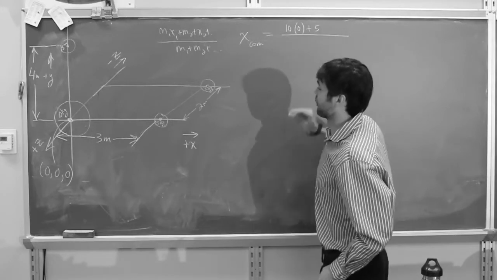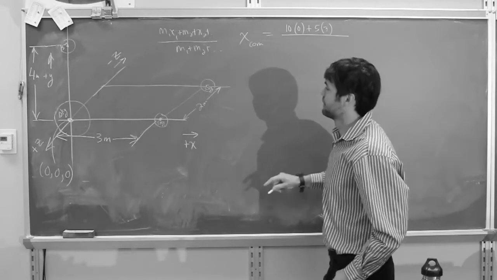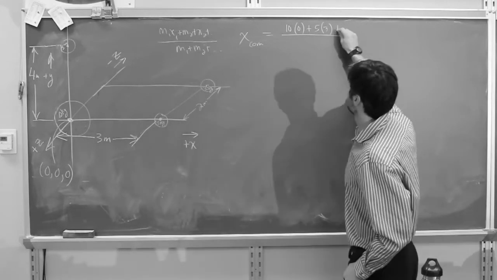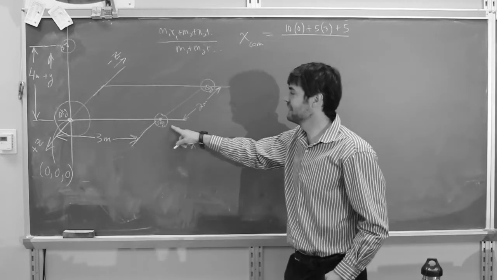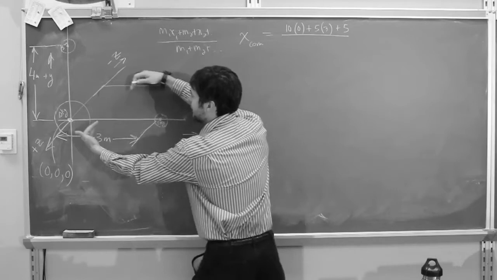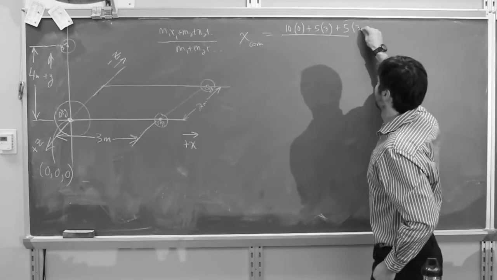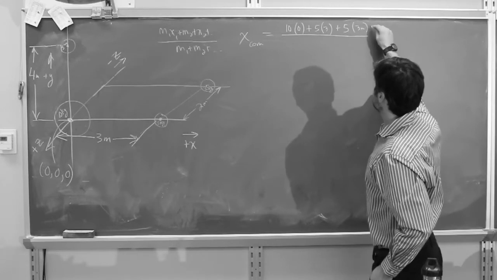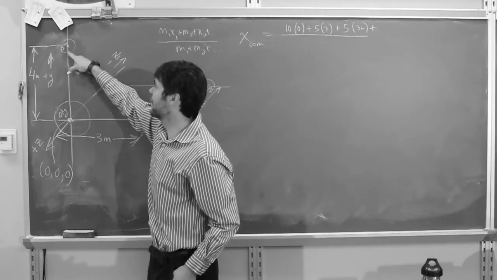How about this object here? It's 5 kilograms and it is 3 meters away. And this object right here is 5 kilograms. And how far away is it in the x direction? Well, if you visualize this way, it's still 3 meters away. And then lastly, we'll do this one here. This is 5 kilograms.